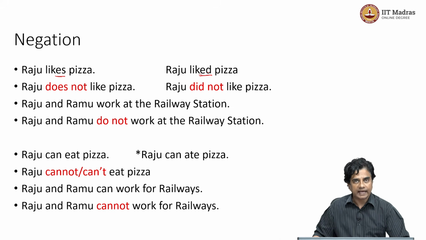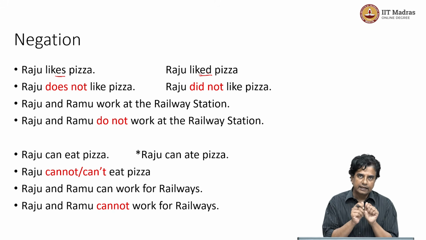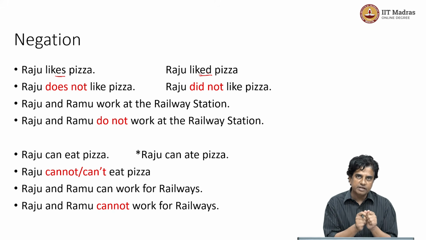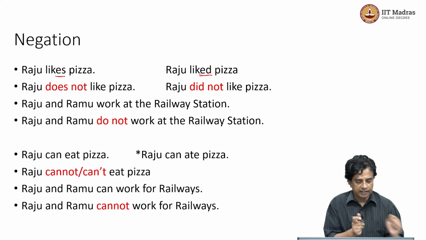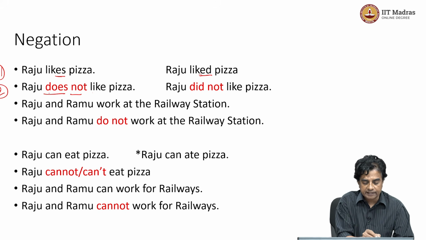When we use the negative, then we see that negative forces separation between tense and the main verb. As you can see here, now in this second sentence, the moment it is negative, the tense is separated in this form.